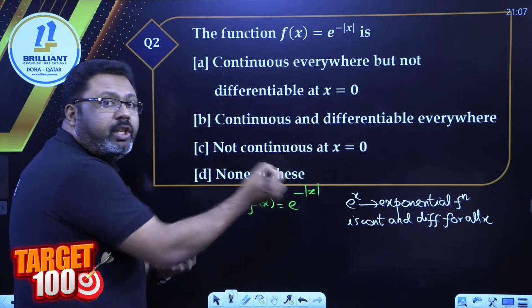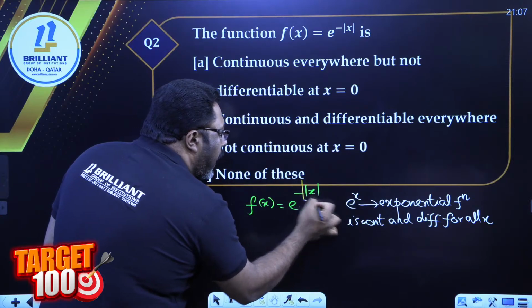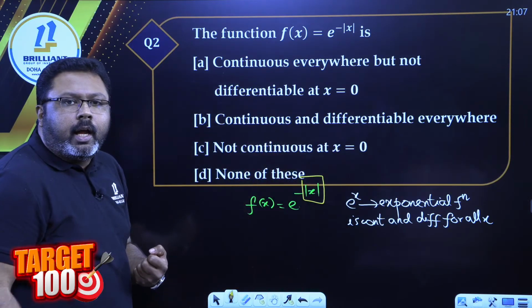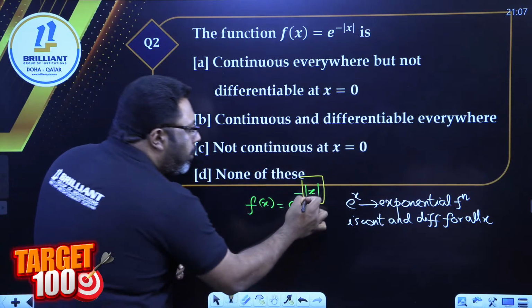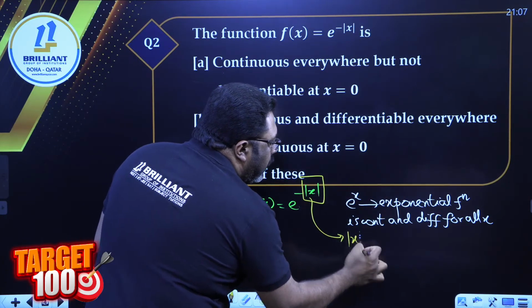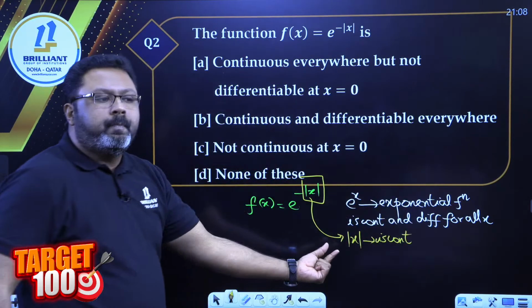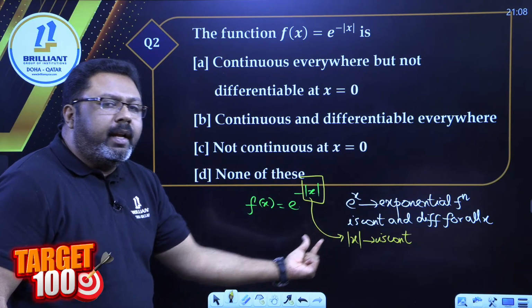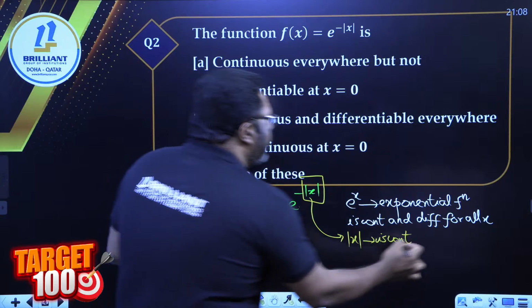But there's a small change in the question. The question talks about an exponential function along with a modulus. According to the property of modulus, it is continuous. The modulus part is continuous. But what about the differentiability of it? You already know how to decide the differentiability of the modulus.